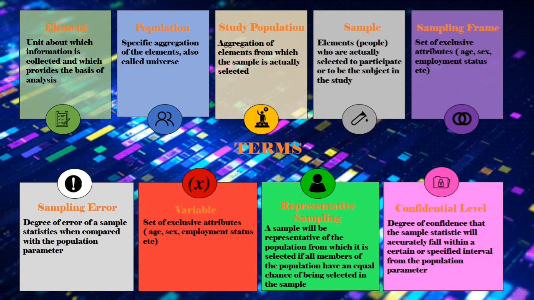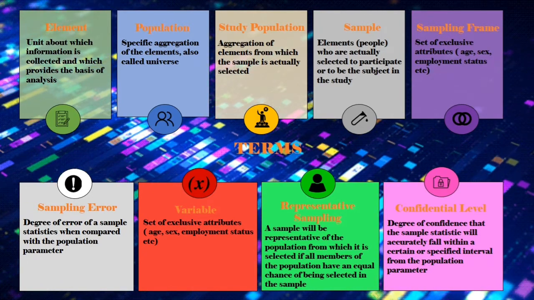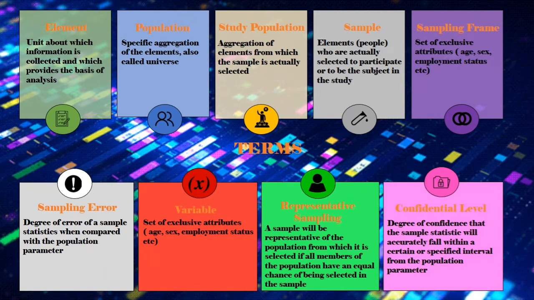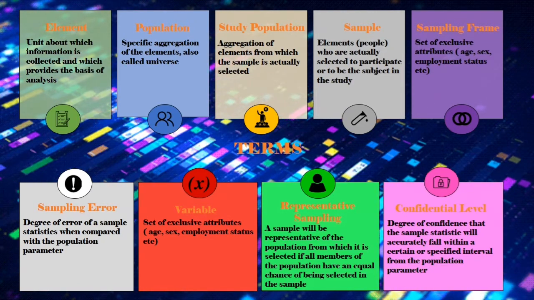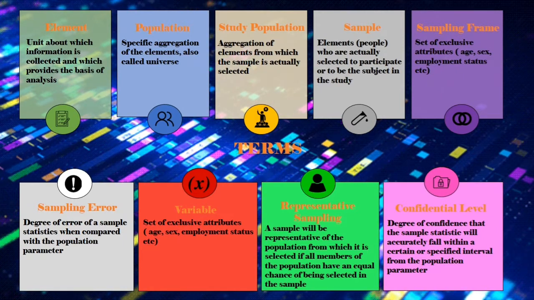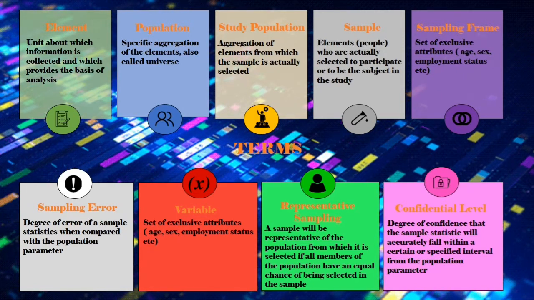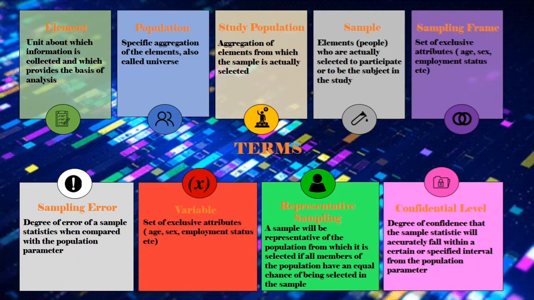Example, a 95% confidence level is a range of values that you can be 95% certain contains the true mean of the population.